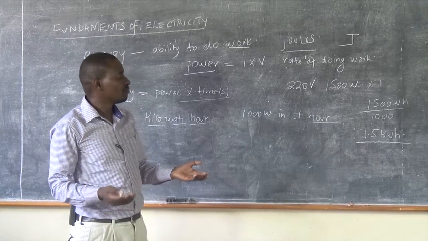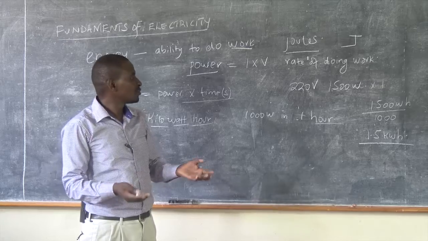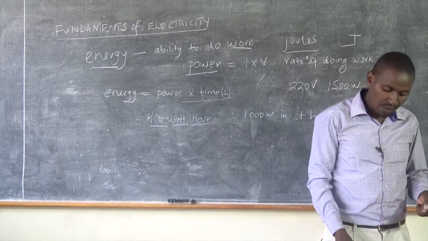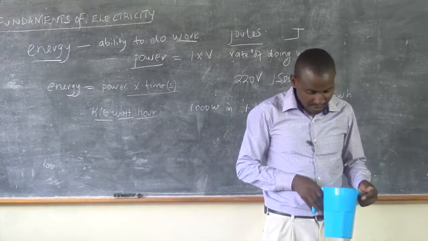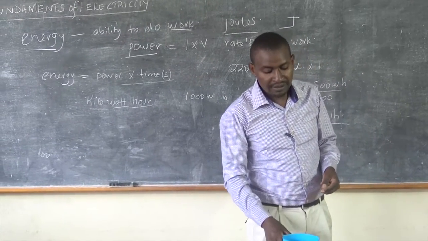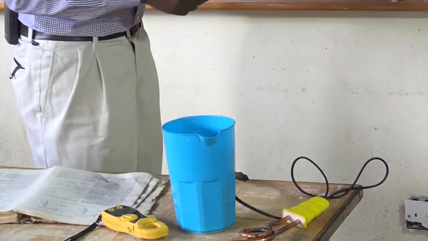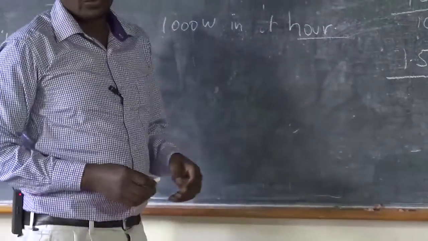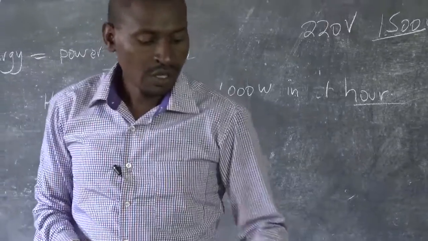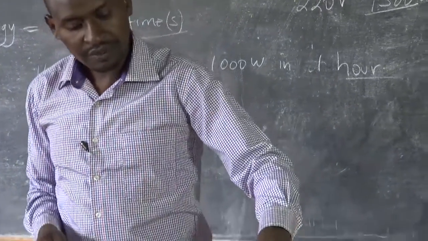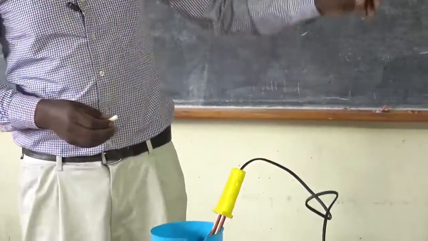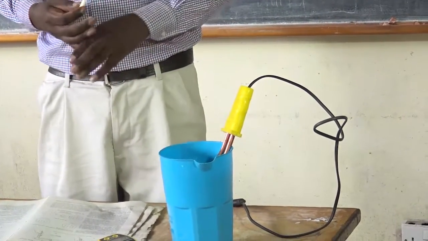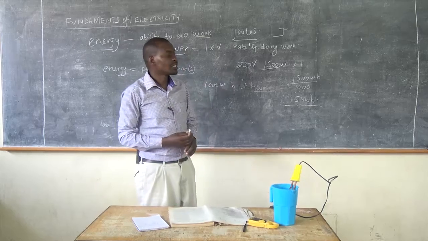Maybe it has been used for heating. For example, if we want to boil water in this jug, and we are using the same heater, we would immerse the heater in here, connect it to the supply, and then time how long it takes before the water boils.